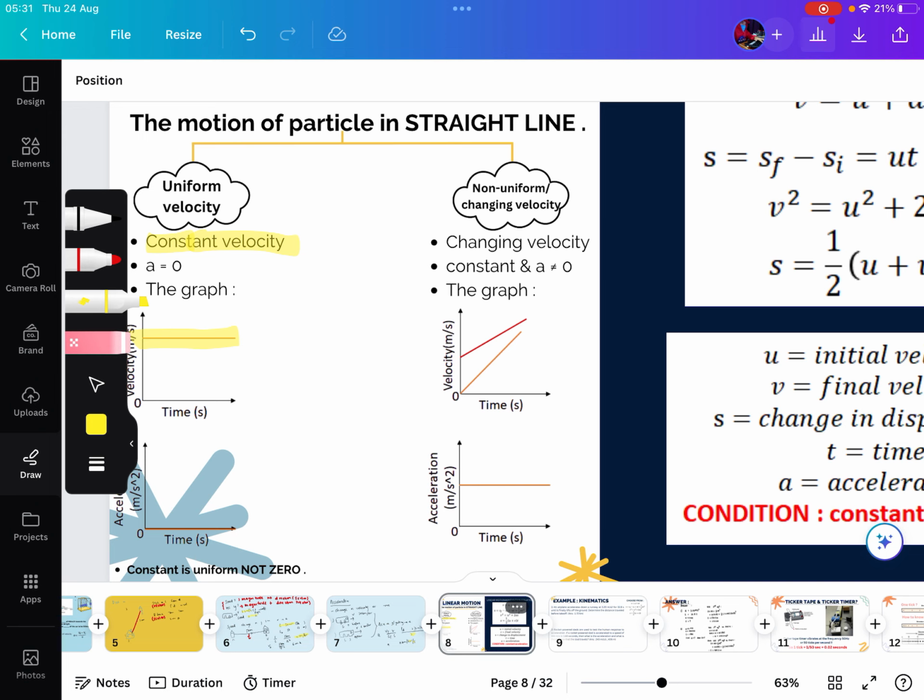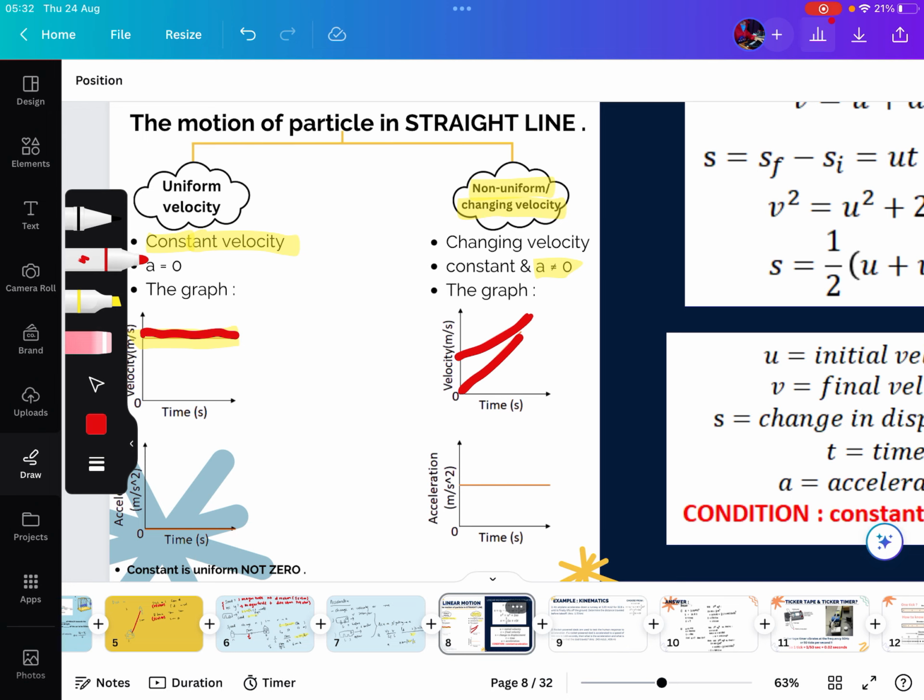But for non-uniform, you have a changing velocity, which means you have an acceleration. Acceleration is not zero in this case. Hence the graph will be a straight line like this, instead of a flat line like the previous one. So this is a flat line.